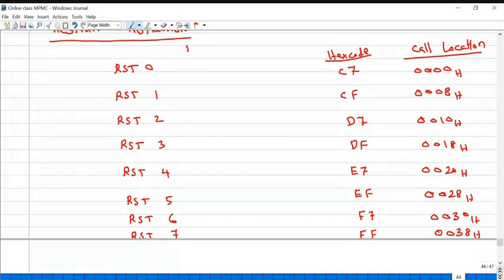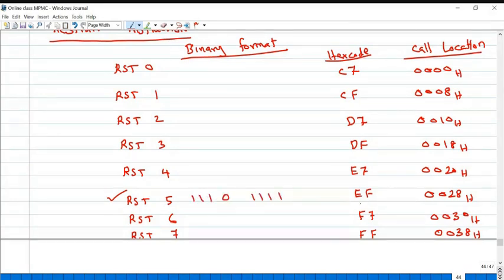So we can represent this hex code in binary format. Say, for example, RST 5, that is EF. EF means 1110 1111. Correct? E in hexadecimal has the binary equivalent 1110. Okay.